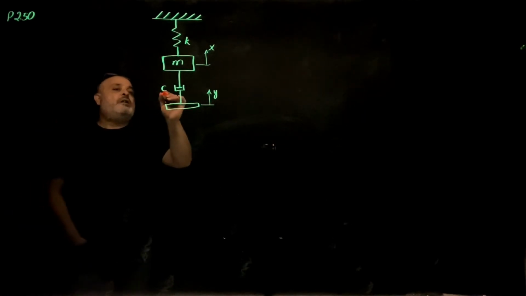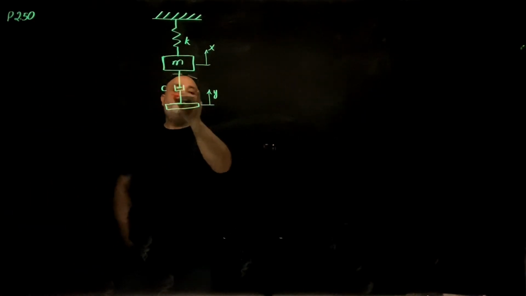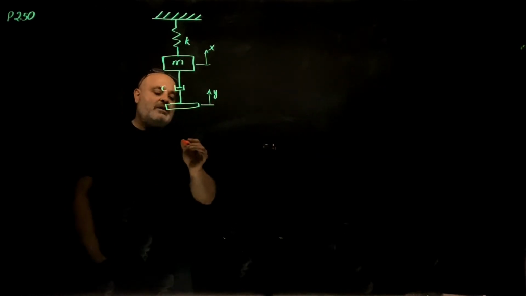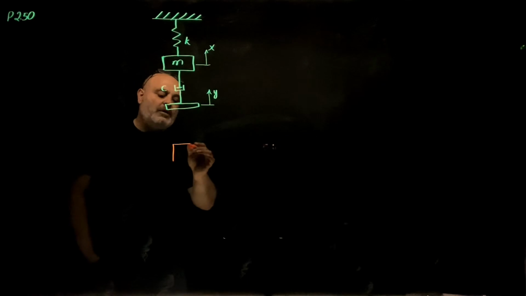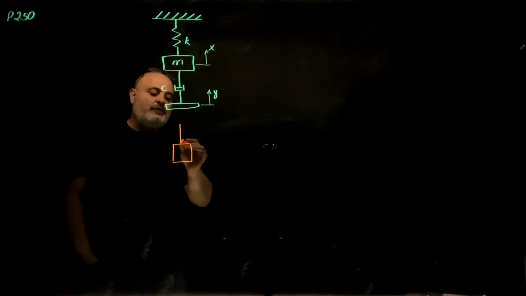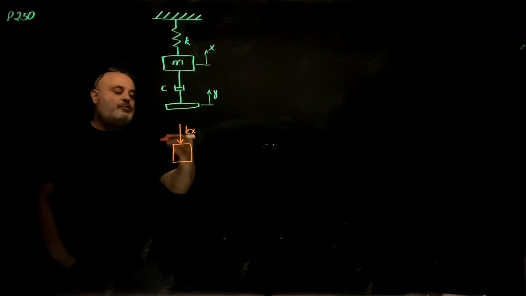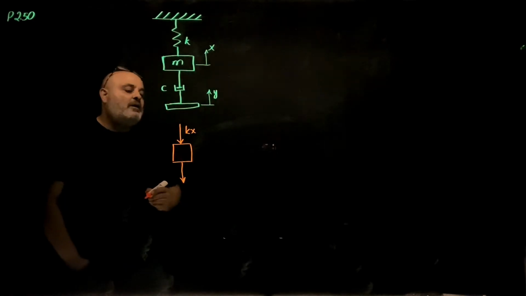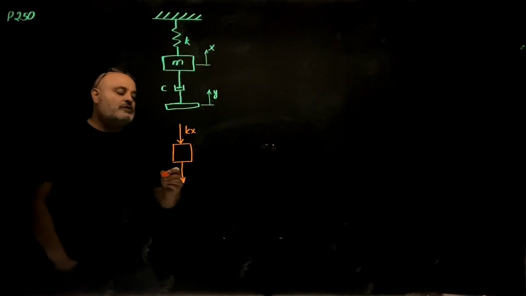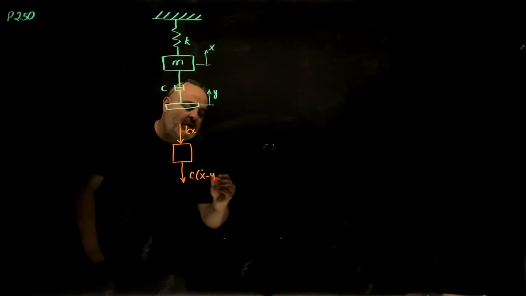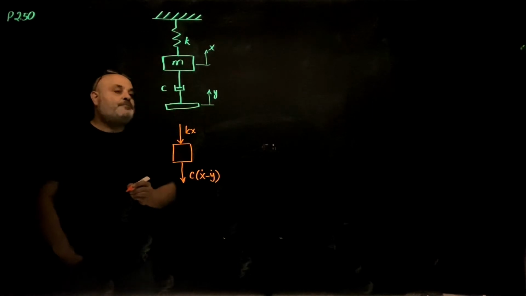So I'll start first by deriving the equation of motion of this system. It's slightly different than the one we used for explaining the concept. Here I have a spring force kx, motion's up, we have a compression, and then I have a damping force which is c(x dot minus y dot).